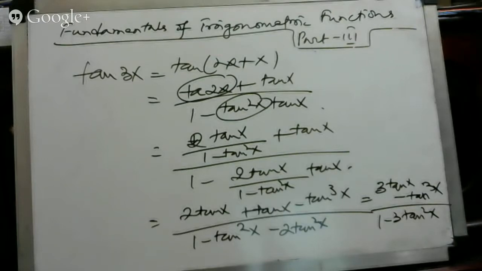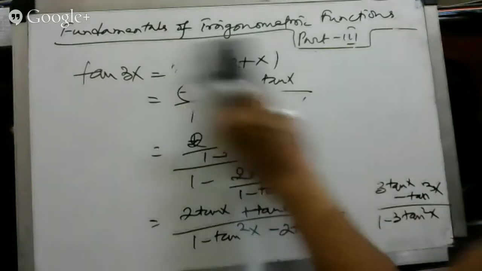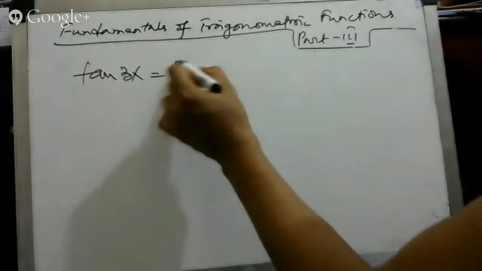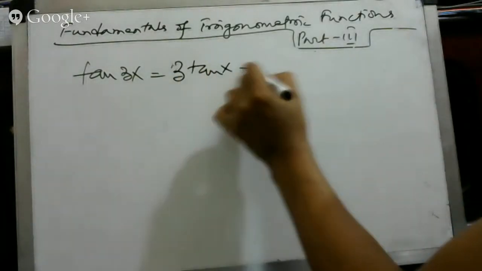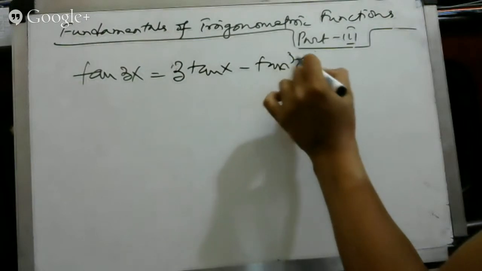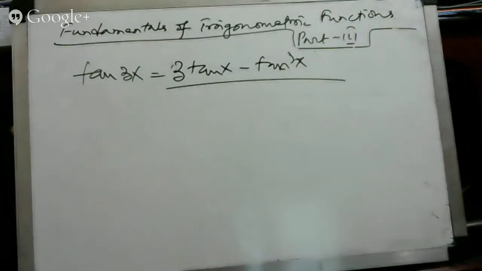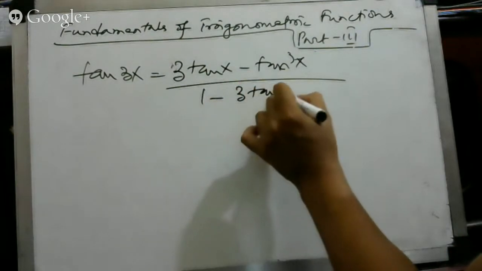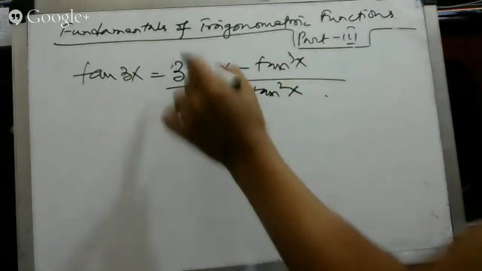So basically, what we proved just now, tan of 3x is equal to 3 tan x minus tan cube x divided by 1 minus 3 tan square x.